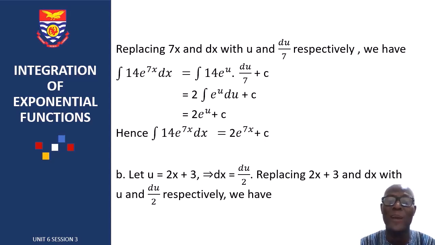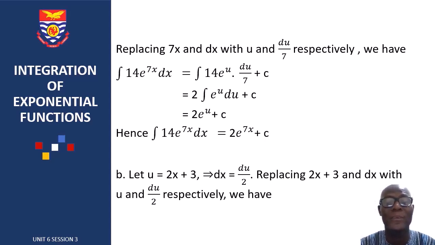Then we multiply it by 2, and hence we have 2e exponent u plus c. But we know our u to be 7x, and hence the integral of 14e exponent 7x dx is equal to 2e power 7x plus c.